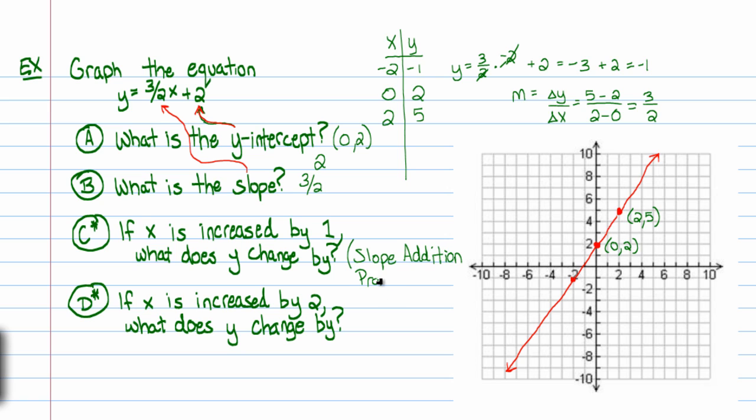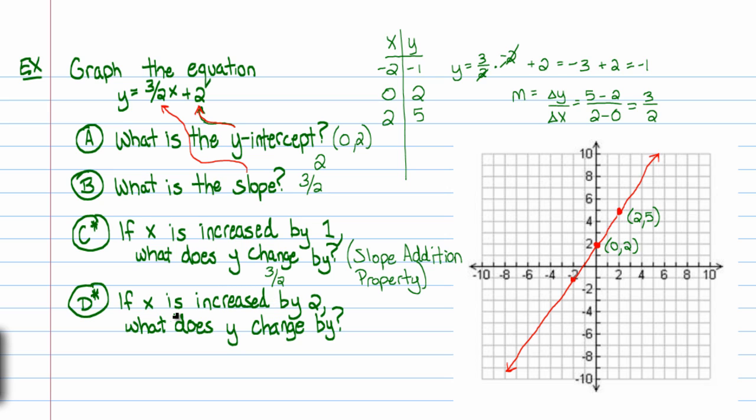The slope addition property basically says that when you have the graph of a line or an equation of a line, if you increase the x value by 1, the y value changes by the slope. So if I increase the x value by 1 on this line, the y value should change by 3 halves. That's just kind of a review, but still very important.